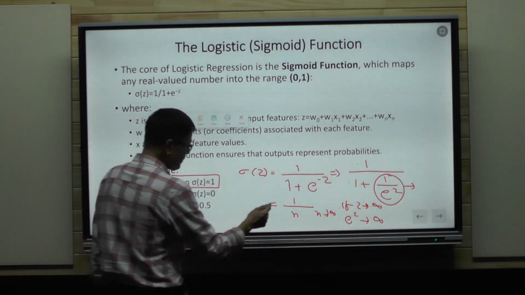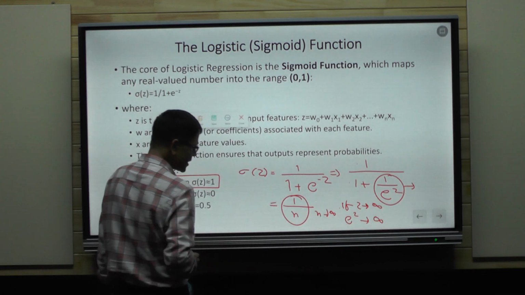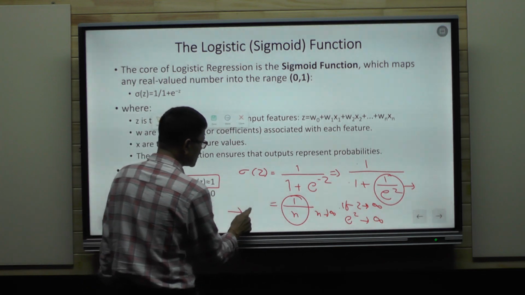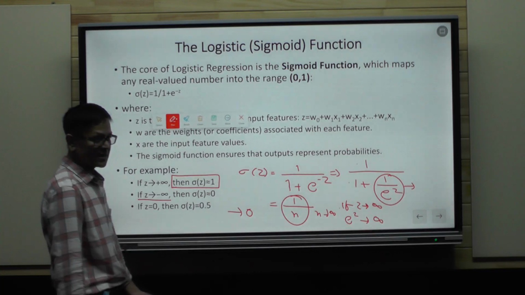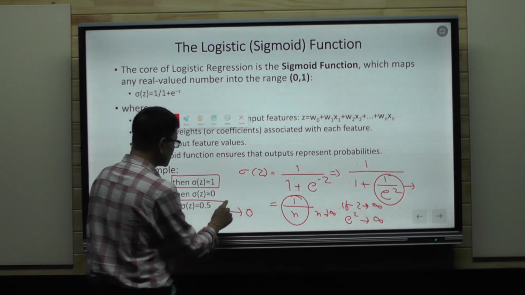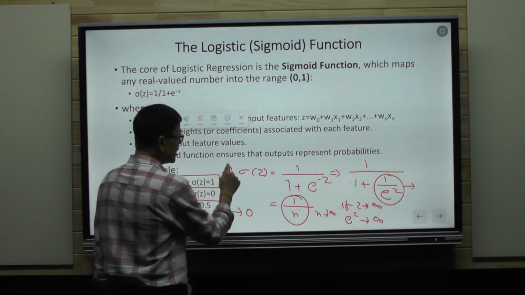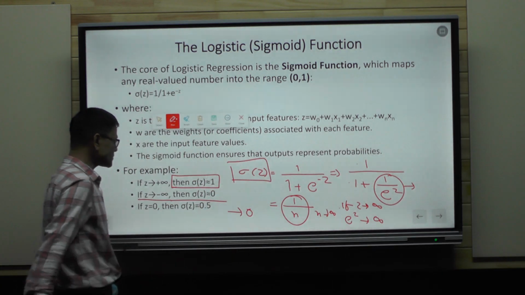So this ratio will tend towards 0. Obvious thing, simple maths. So then the output rho of z is 0.